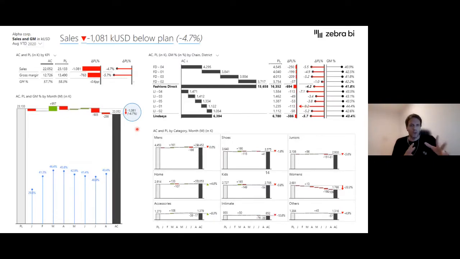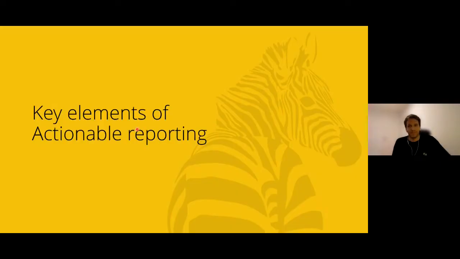Your performance compared to plan, where you are performing good or bad, and so on. And at the end, the point is to take some meaningful actions upon looking at dashboards like that. So hopefully, I was able to demonstrate the conceptual difference between basic reporting approach and actionable reporting.